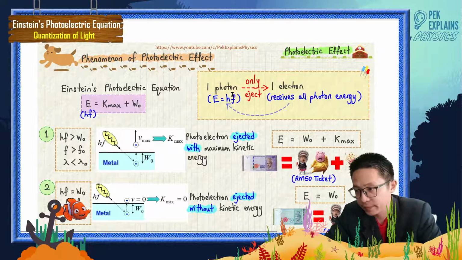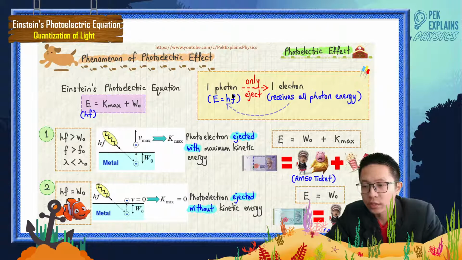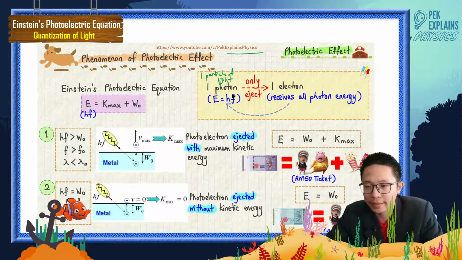particle of light. I want to emphasize again, photon is actually a particle of light. One photon means one particle of light. Light has many particles. We learn the light in the form of particle, not in the form of wave.